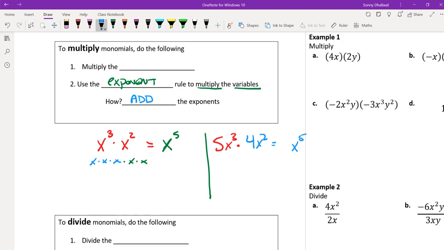Then we just multiply the coefficients just like you used to, right? So what's 5 times 4? 20. So you multiply the coefficients, the numbers, and add the exponents. So you're applying the exponent law. The exponent law said, when you're dealing with variables, we add the exponents. And multiplying numbers hasn't changed from what you did in elementary school. Just multiplying the numbers together. But you have to go back to the exponent laws, right?